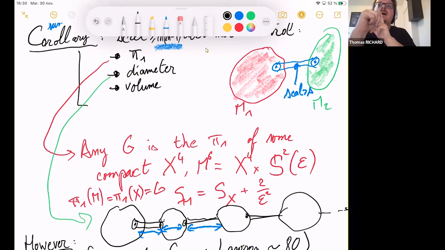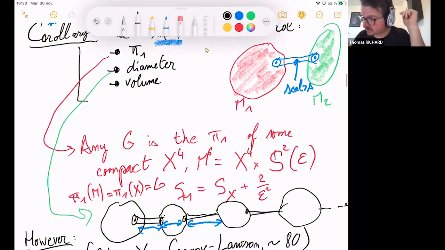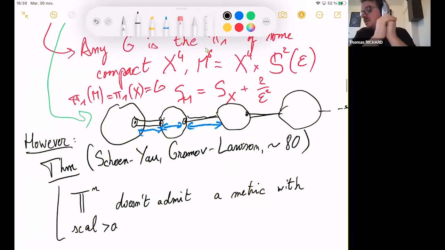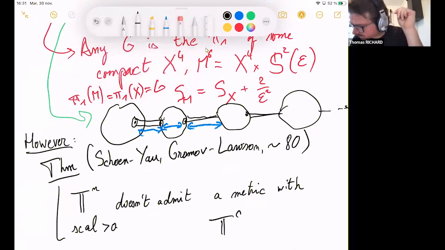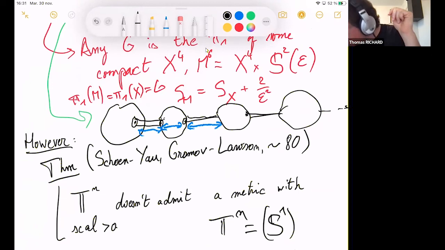However, the topology cannot be too complicated, and this was proven by Schoen and Yau and Gromov and Lawson in the late 70s, beginning of the 80s. The torus Tn, so what is Tn? Tn is just a product of circles, S1 to the power n. Tn doesn't admit a metric with positive scalar curvature.